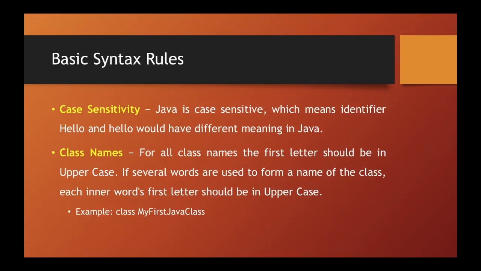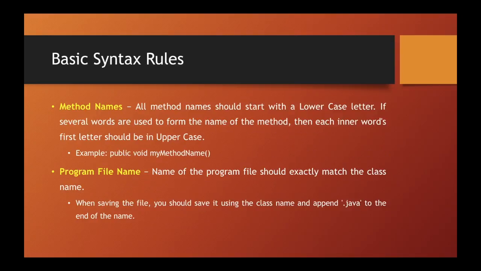Class names: normally, if you want to name a class, you give the first letter of every word as a capital. It's a good practice. Next is method names. The first letter of a method name must be small, and from the next word onwards it has to be capital. This is known as camel case.